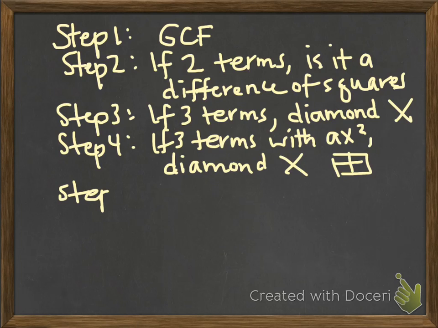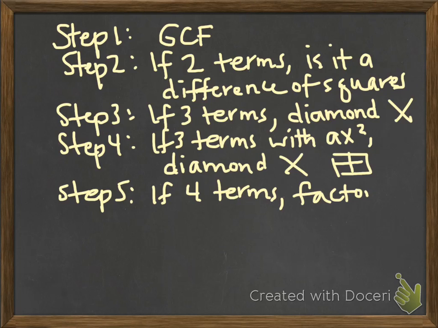And step 5 is the one that we learned in chapter 6-6, which is if there are four terms, factor by grouping.